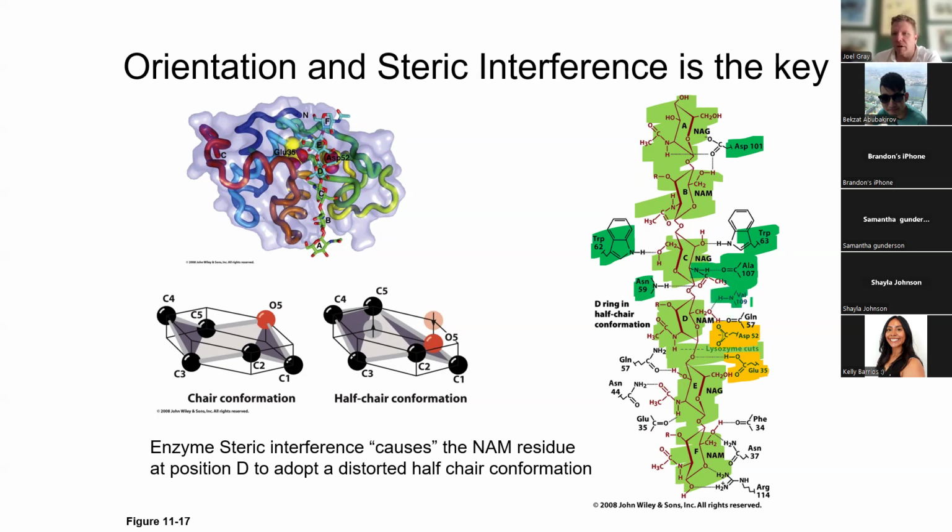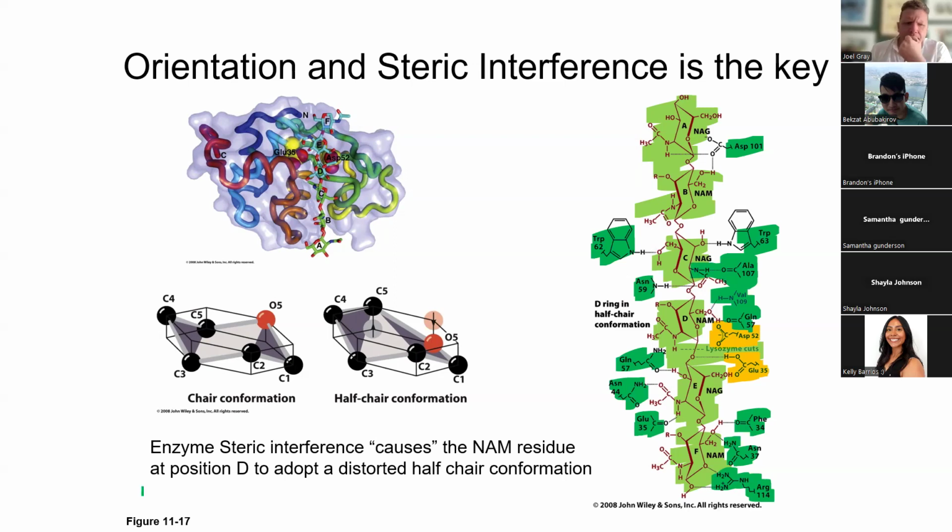Another amino acid involved, valine 109, glutamine 57, glutamine 57 again, asparagine 44, glutamic acid 35, phenylalanine 34, asparagine 37, arginine 114. Okay, so all of these different amino acids are involved in this mechanism.